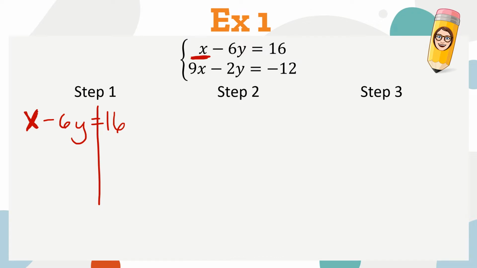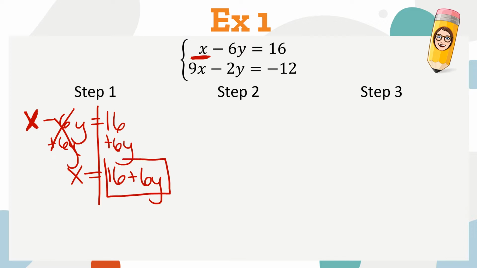If I want to get x by itself, instead of minus 6y, we're going to undo it by adding 6y. The x falls down, the equals falls down, and I now have x isolated. If you need help with this process, I have many other videos about isolating a variable. We just created our expression.